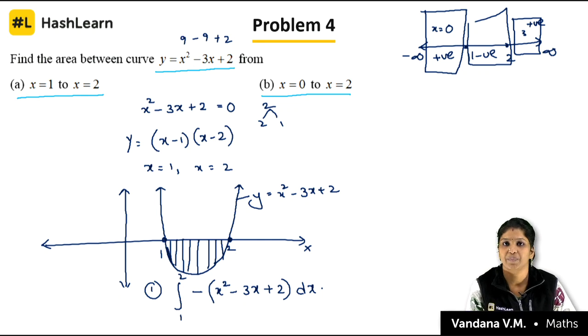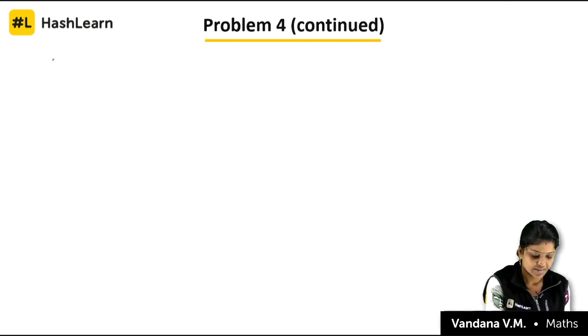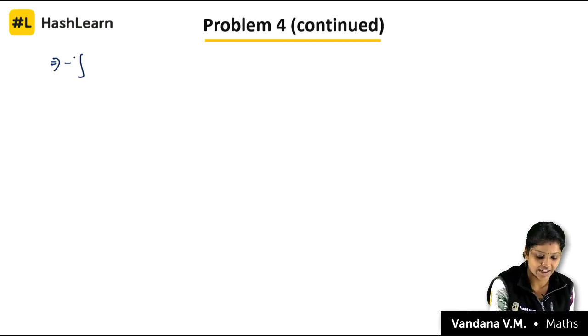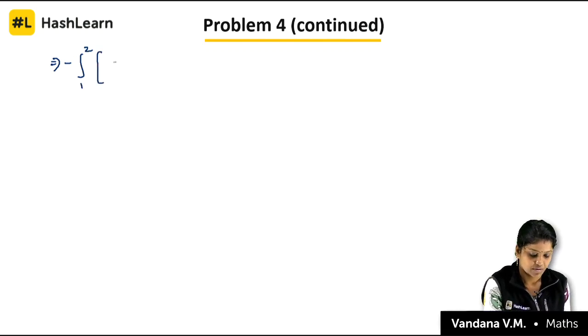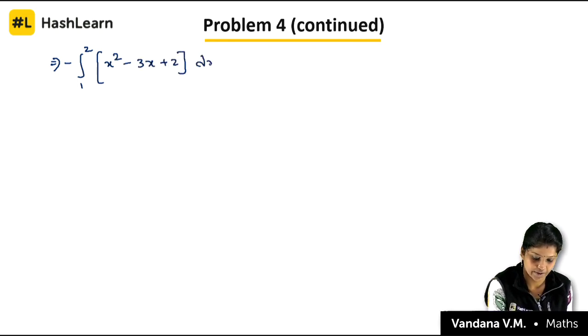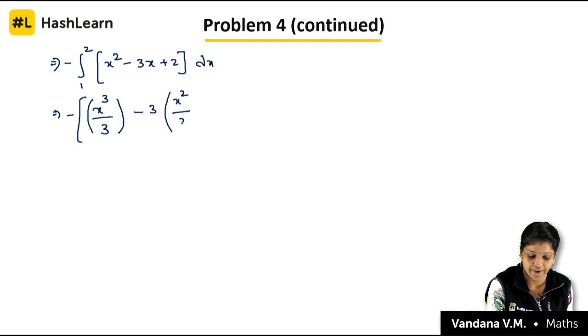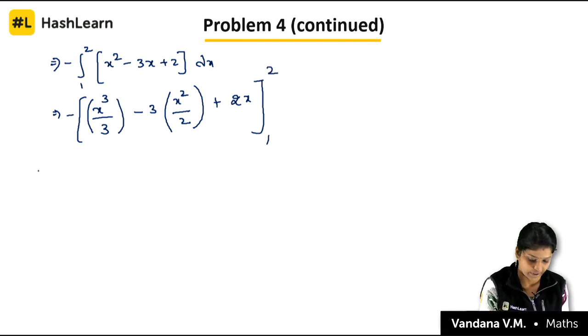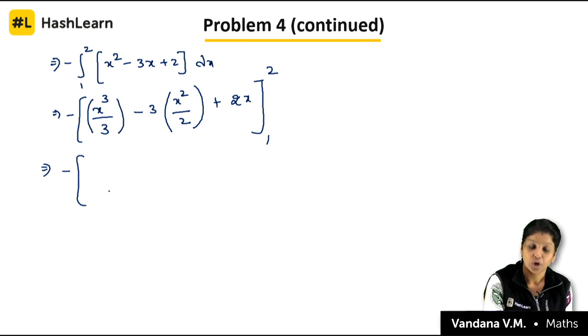No, Devi Priya, please check. That is integral minus, you take it out, integral 1 to 2 x square minus 3x plus 2 into dx, minus of first one is x cube by 3 minus 3 into x square by 2 plus 2 into x, 1 to 2, upper limit minus lower limit, that is minus of 2 cube.